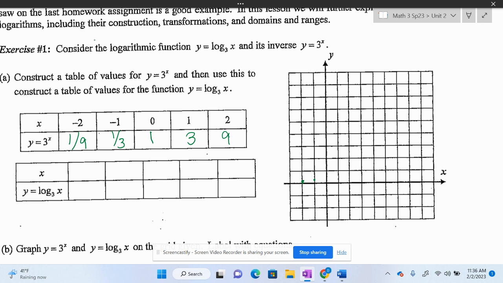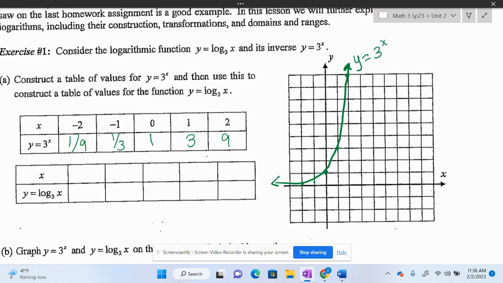When x is 0, y is 1. When x is 1, y is 3. And when x is 2, y is 9. So this is y equals 3 to the power of x.